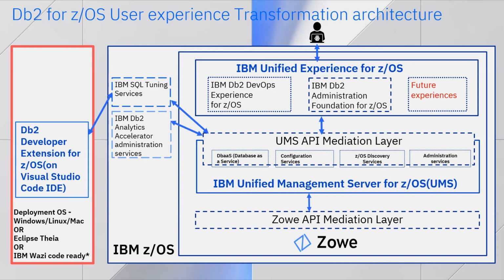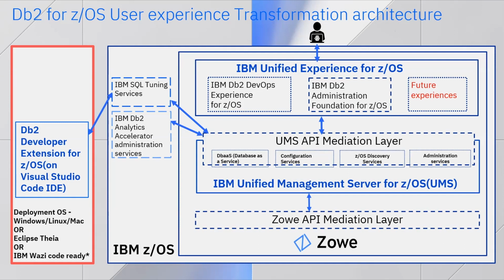The Admin Foundation is the no-charge offering, and it shows up by default when someone gets UMS and installs it. I think there's just one job that you would have to submit, and then you'll have the UI show up with all of the Admin Foundation capabilities.